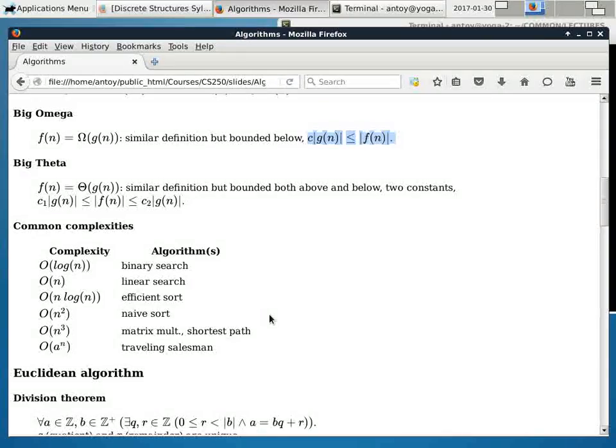Then we have some algorithms which are n cubed. These algorithms are to multiply matrices. For example, if you have two matrices and you want to multiply them, the time is n cubed. Or to find the shortest path between 2 points. This is something similar.